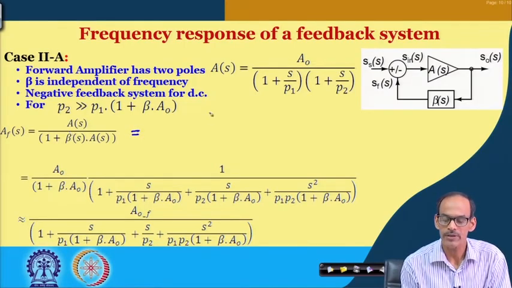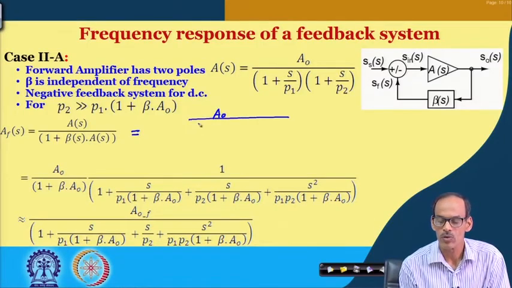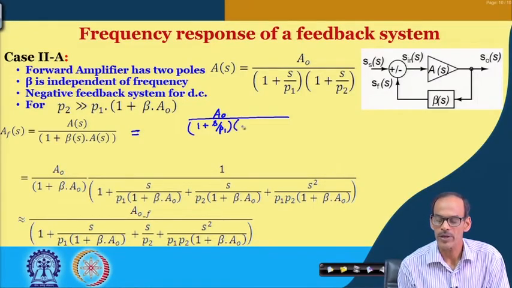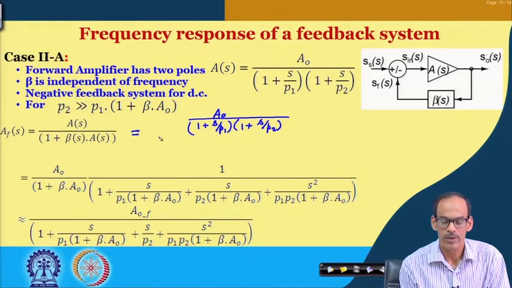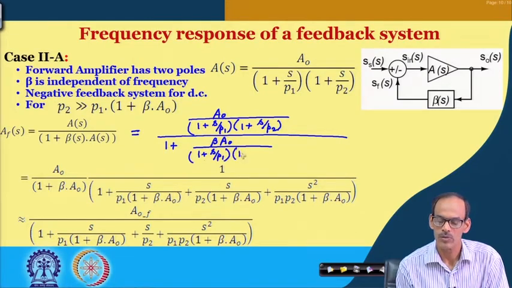What we are expecting in the numerator is A naught divided by 1 plus S divided by P 1 multiplied by 1 plus S divided by P 2, divided by 1 plus beta into A naught divided by 1 plus S divided by P 1 multiplied by 1 plus S divided by P 2.